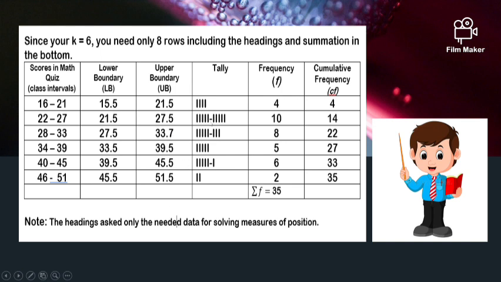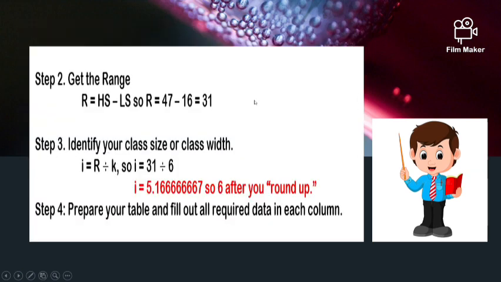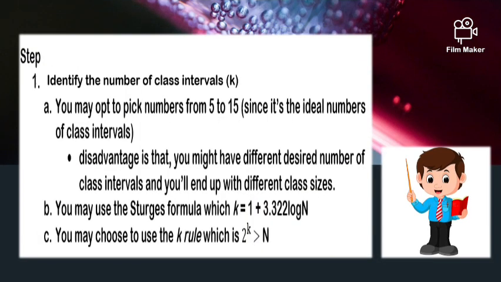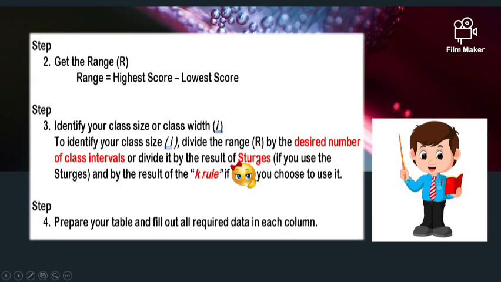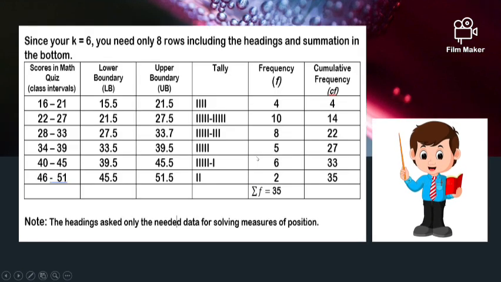Now, next is the tally. Of course, you are going to look at your data here, and the tedious work is the tally. You're going to check all the numbers here and what interval each belongs to. You're going to tally in that way. You call that tally. You use sticks. And after tallying, you can now write your frequency.